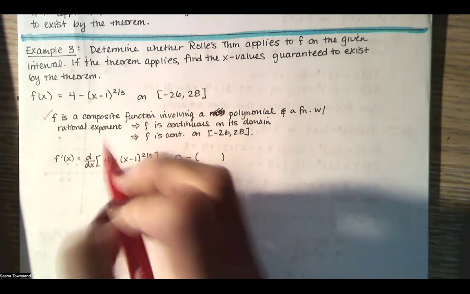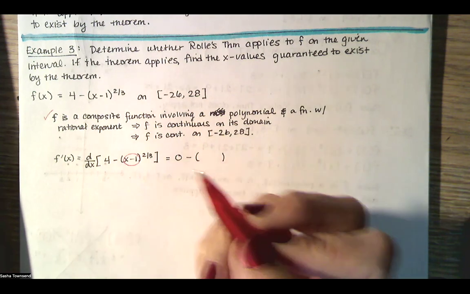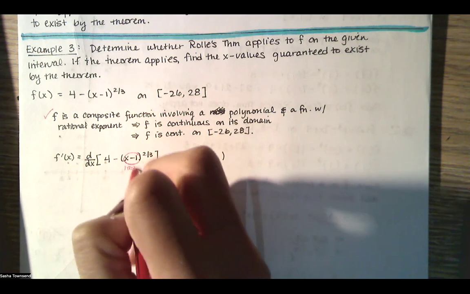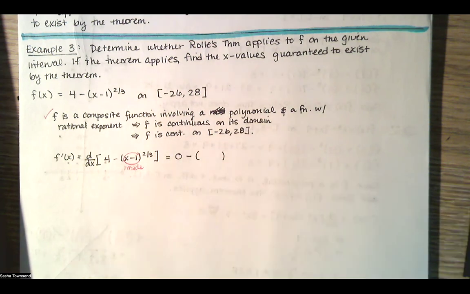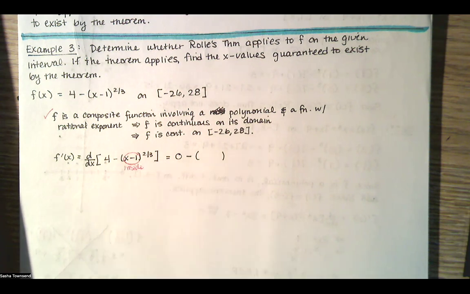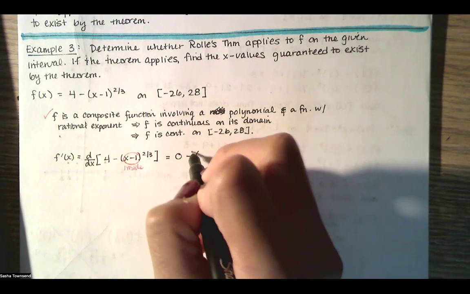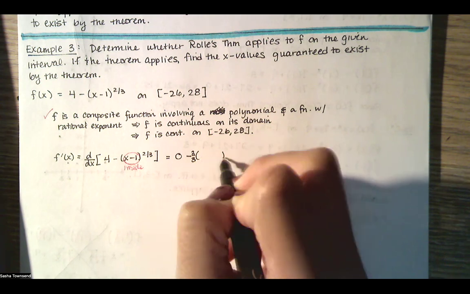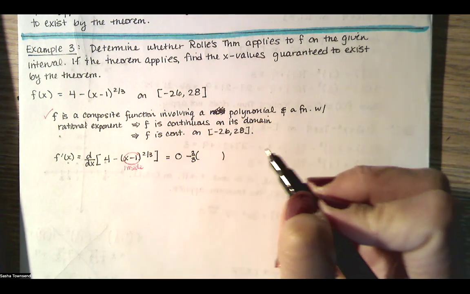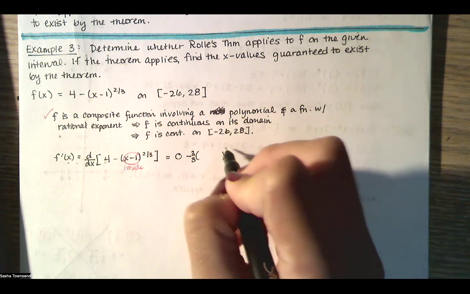I see I've got an x minus 1 inside and a u to the 2/3 function. This is my inside function, and then my outside function is that power function raising an expression to the 2/3 power. So what's the derivative of a function raised to the 2/3 power? It's 2/3 times the original function raised to the 2/3 minus 1. 2/3 minus 1 is 2/3 minus 3/3, which is -1/3.